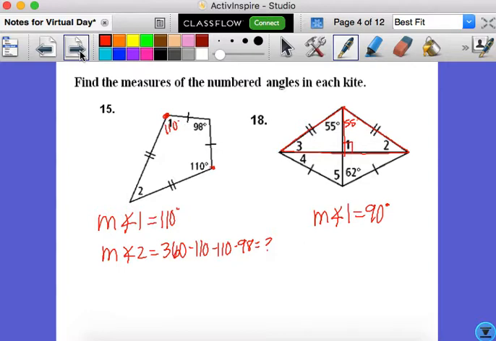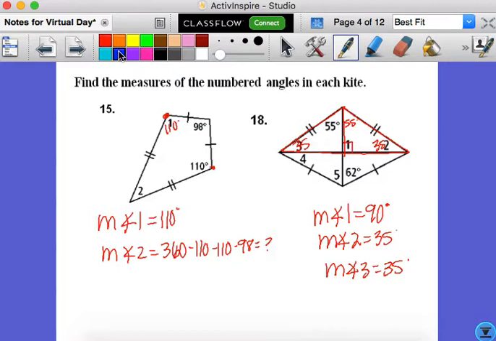And then if I can do 180 minus that 90 minus that 55, that's going to leave me with 35 degrees for angle 2. That also means that angle 3 is 35 as well, because we know that this is just a reflection of that triangle on the right.